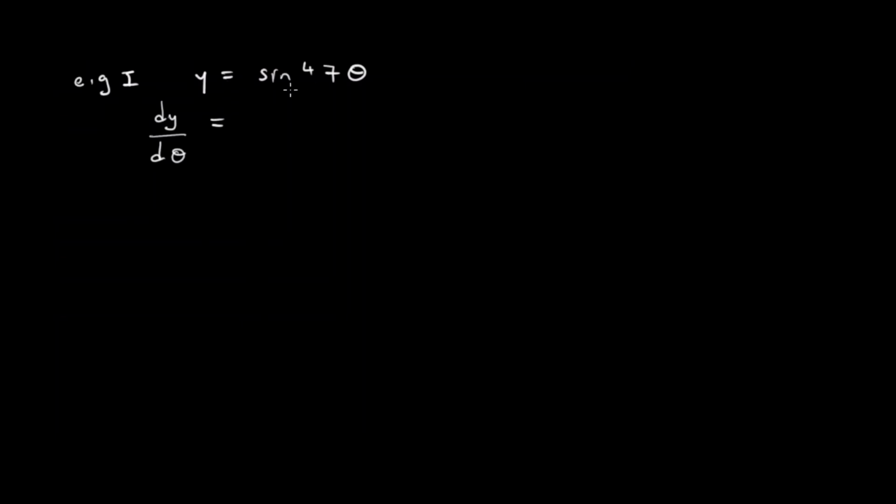We say dy d theta because we want to differentiate y with respect to theta. When we say dy dx, it is because y is equal to something, a term in x.